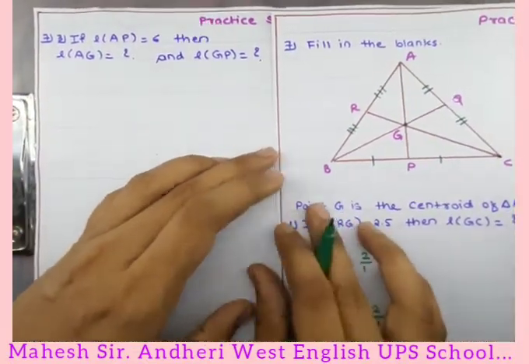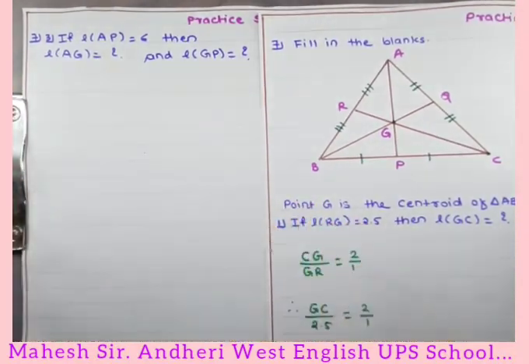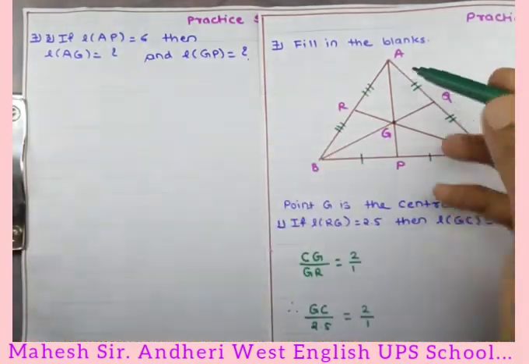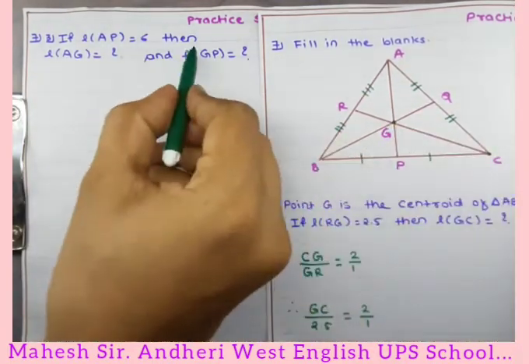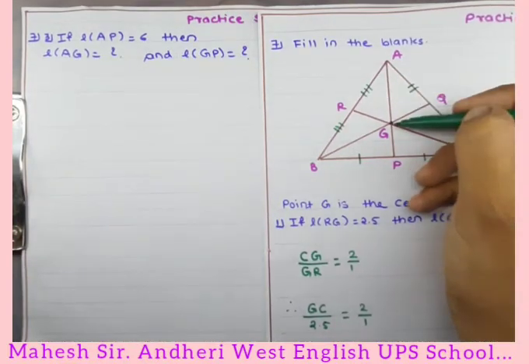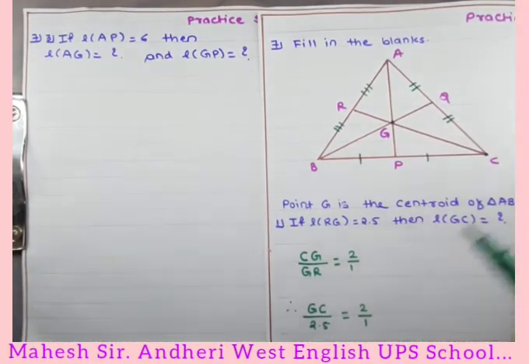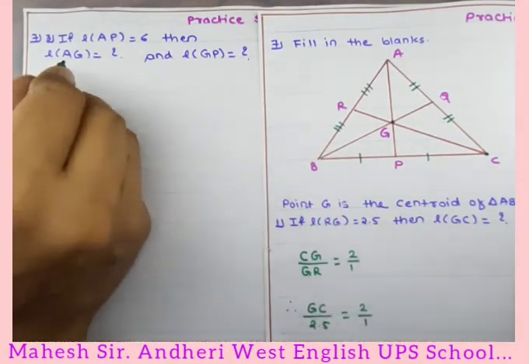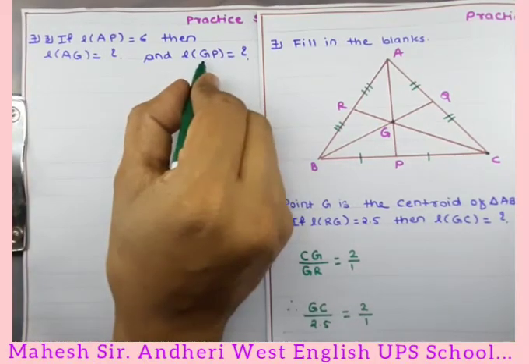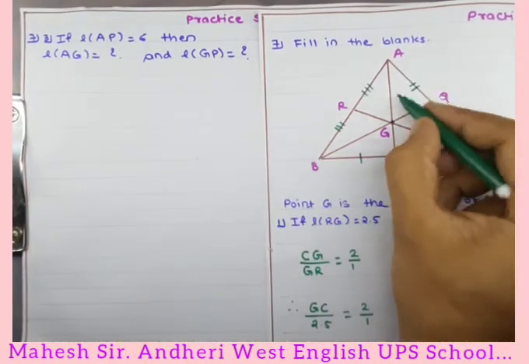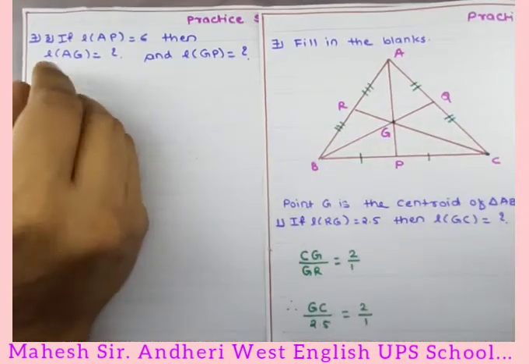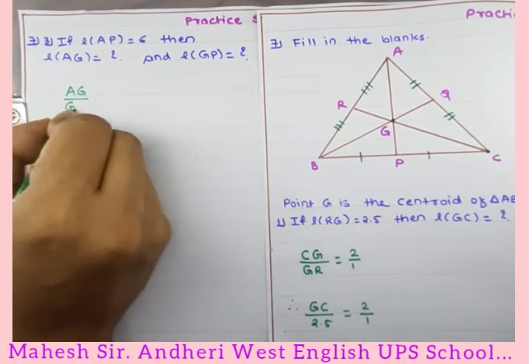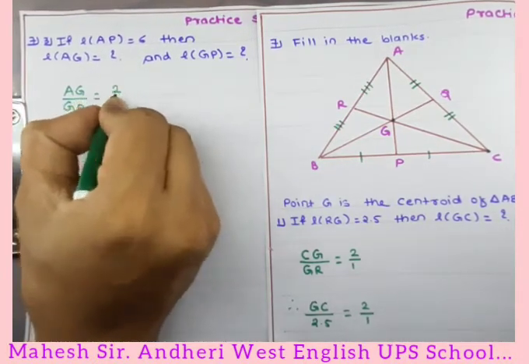Then we will solve the last point, that is, if AP is given as 6. They have given total AP as 6. Then we have to find out AG and GP. Here we know that the ratio of AG upon GP will be 2:1.